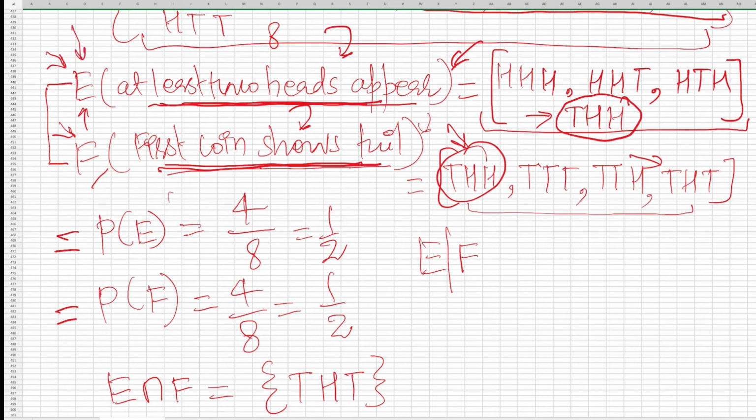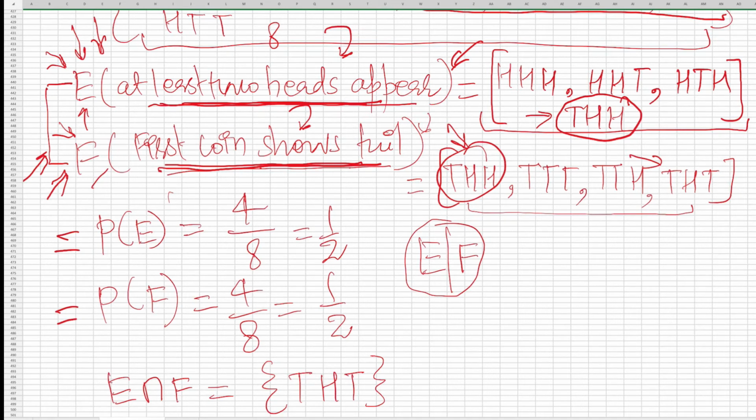We are trying to find out the probability of E if F is already occurring: the probability of getting at least two heads if the first coin is showing tail. This is what conditional probability is, and we need to find out this probability, right?